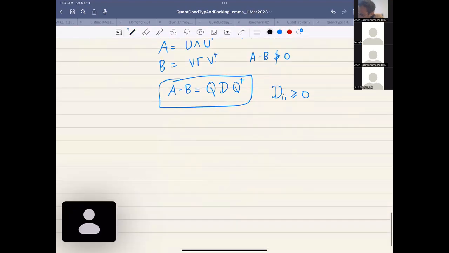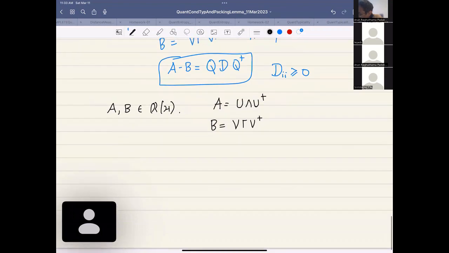So wait, let me explain this. When you have two operators A and B, let's say two Hermitian operators, sorry, I mean self-adjoint operators. Now A can have a spectral decomposition U lambda U dagger, B can have a spectral decomposition V gamma V dagger.